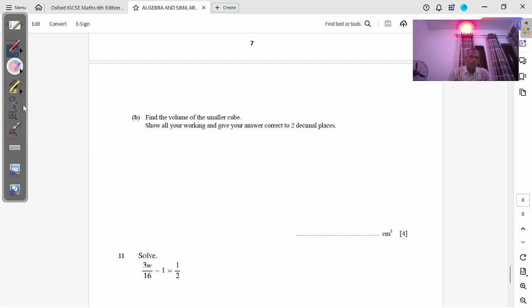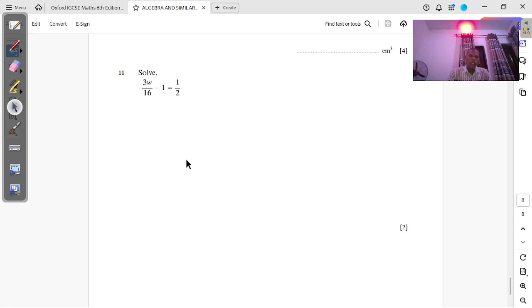Now on to the last one. We have this. This is an algebraic equation. So how do I solve this? I have to use the LCM method, or let's use the easier method.